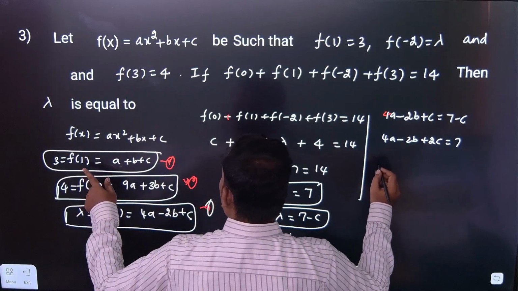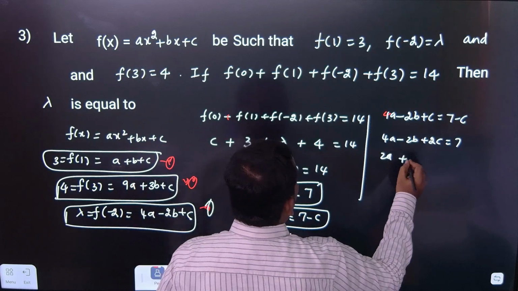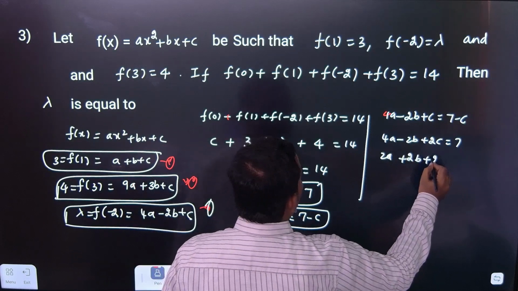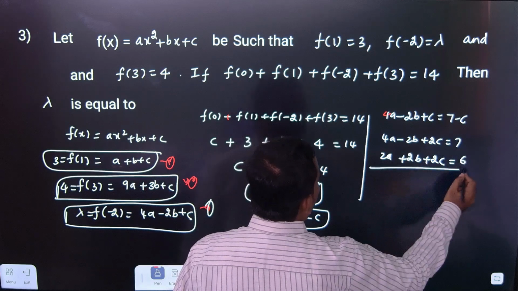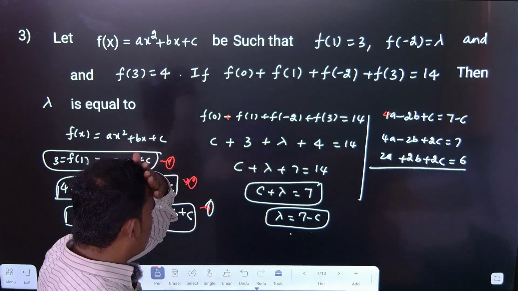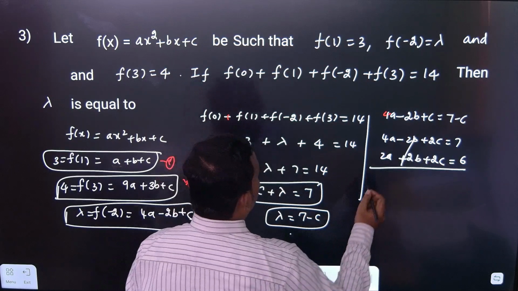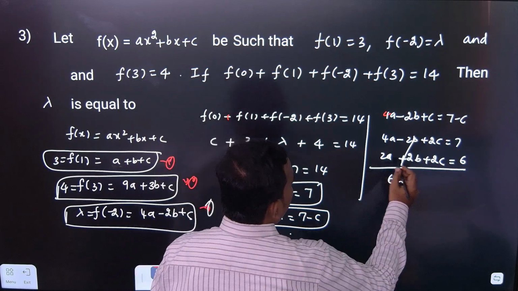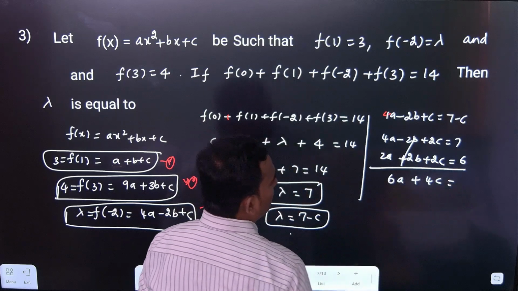Multiply by 2 the first equation: 2a plus 2b plus 2c is equal to 6. Clear? You can add these two things. So what will we get? 6a plus 4c is equal to 13.